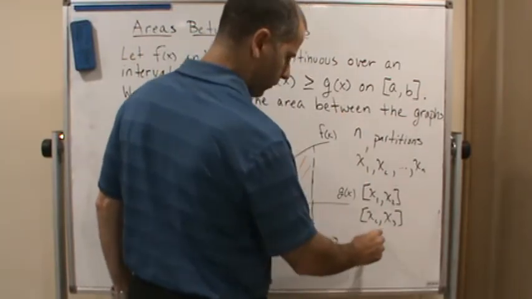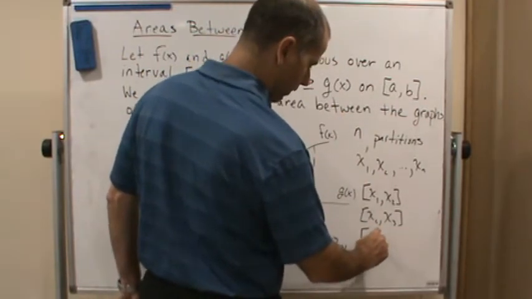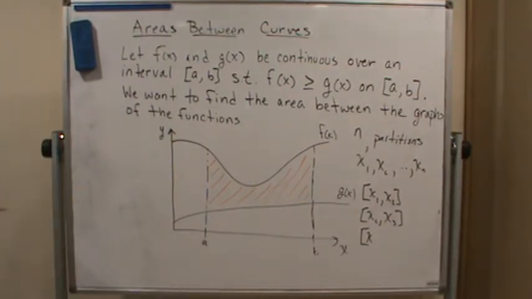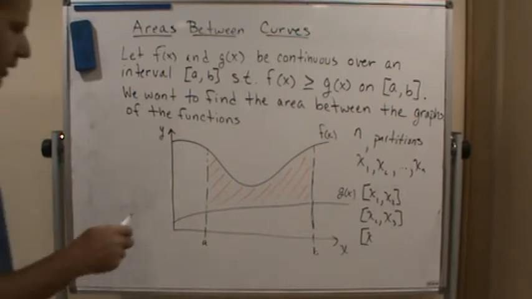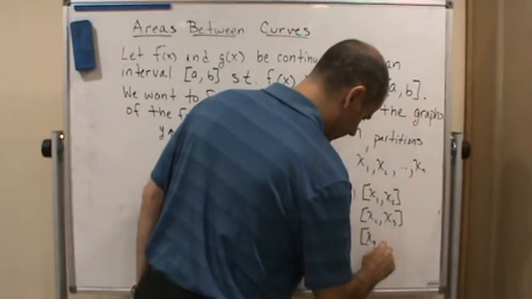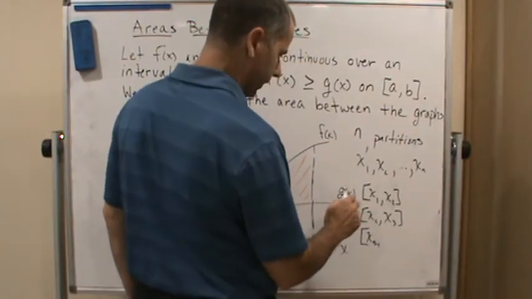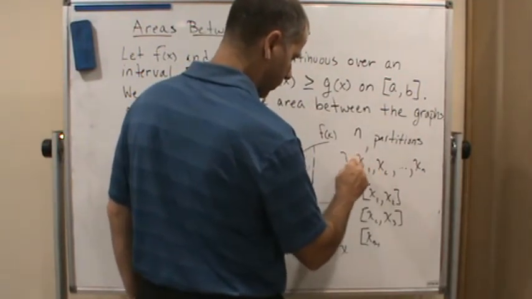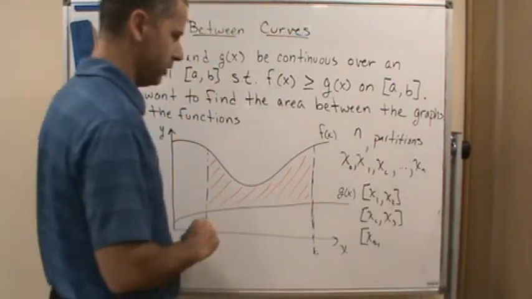And then so on and so forth. So basically we're going to have x of n minus 1. Oh, actually, this should start at 0. So let me add another one. So that should start at 0.